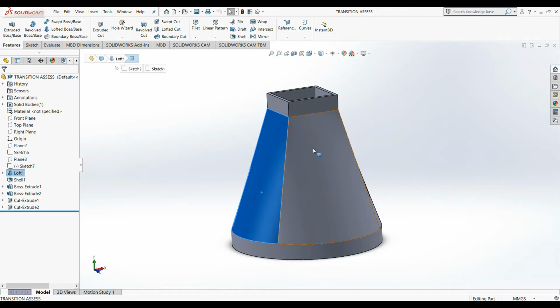So the main thing to focus on with transition pieces is that it's all about the angles and the true lengths, and the main part is its development. Development falls under surface geometry as well. We need to make sure that we get the true lengths of the sides, which we can see highlighted in blue there at the minute.